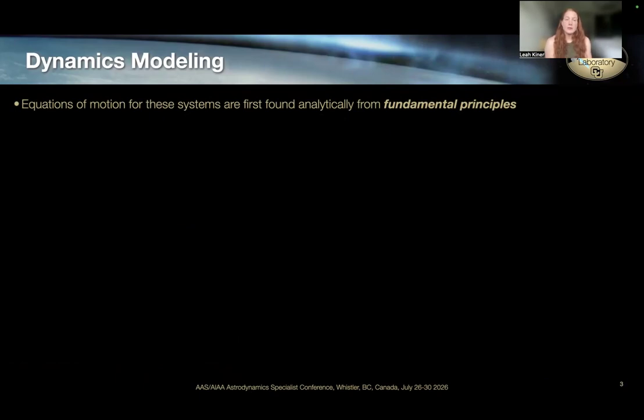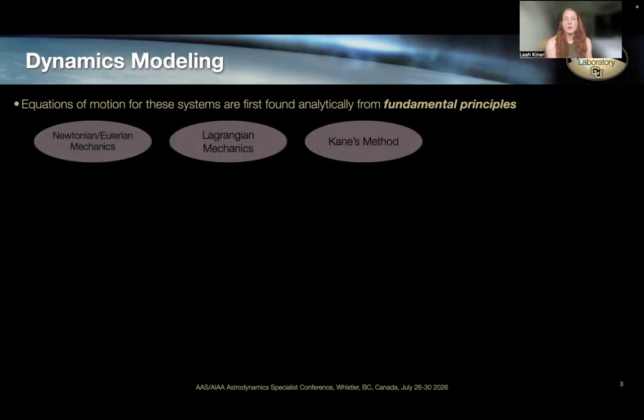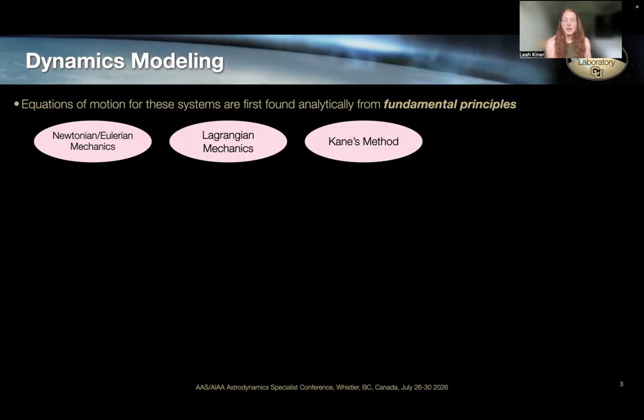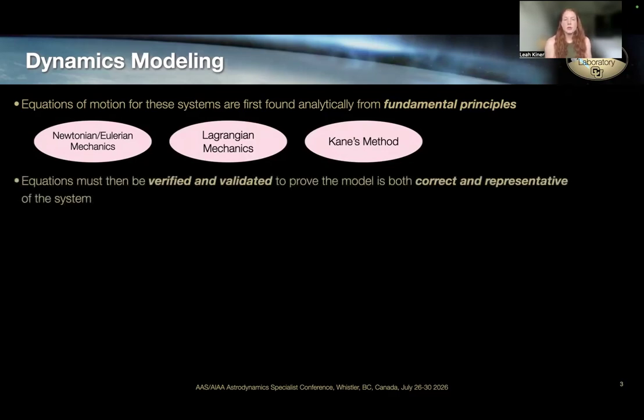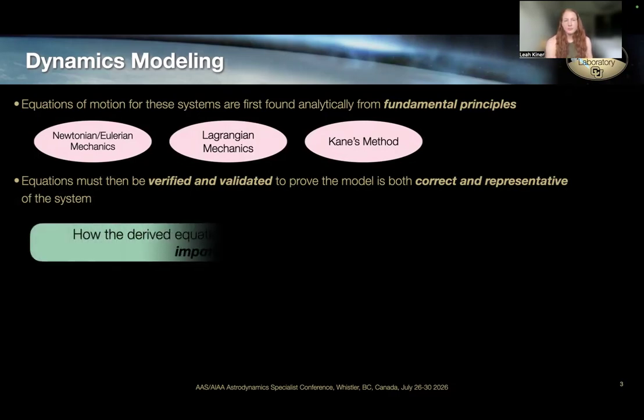So to model the dynamics of these systems, we first derive the equations of motion. For these systems, we can use a variety of methods such as Newtonian and Eulerian mechanics, Lagrangian mechanics, or Kane's method. But once we derive those equations, we then must verify and validate those equations to prove that the numerical model is both correct and representative of the spacecraft system that we are studying.